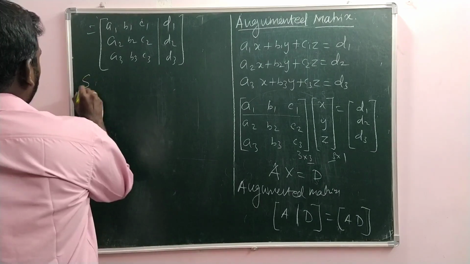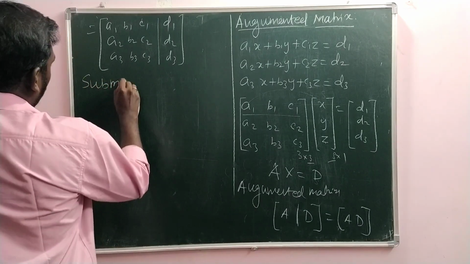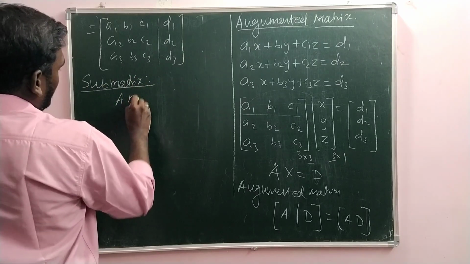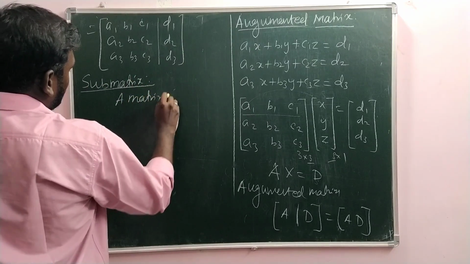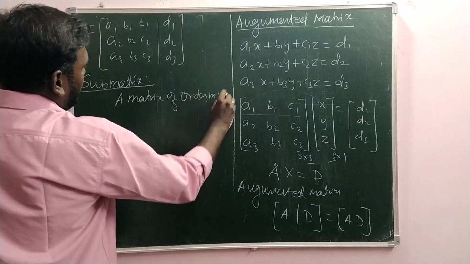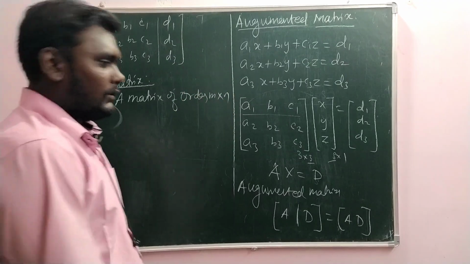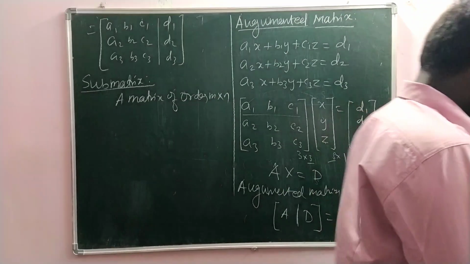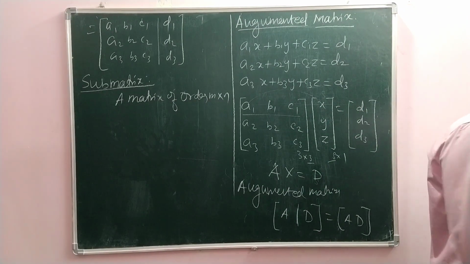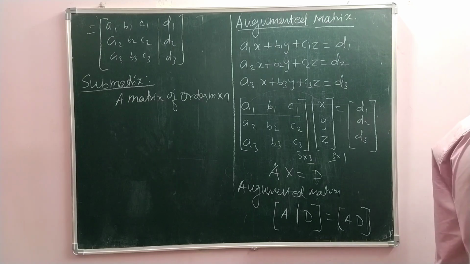Next is submatrix. Consider a matrix of order m by n. M by n means it could be any matrix, with some number of rows and some number of columns.